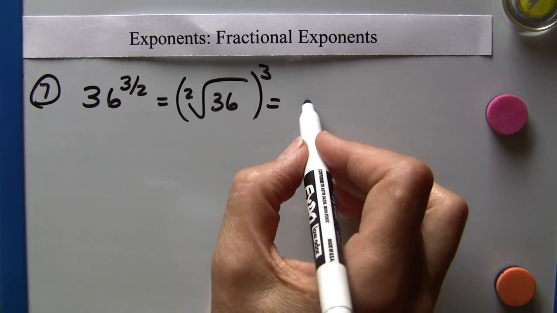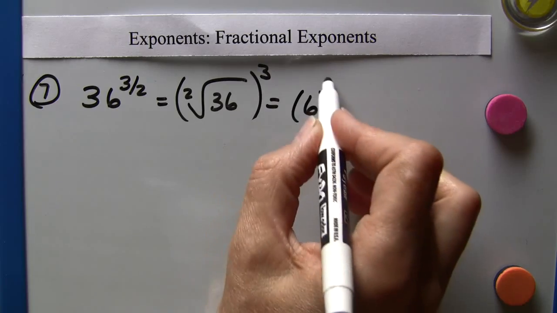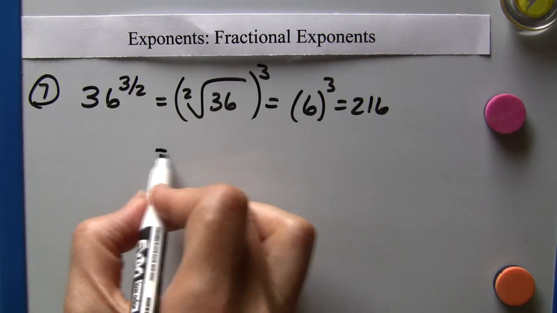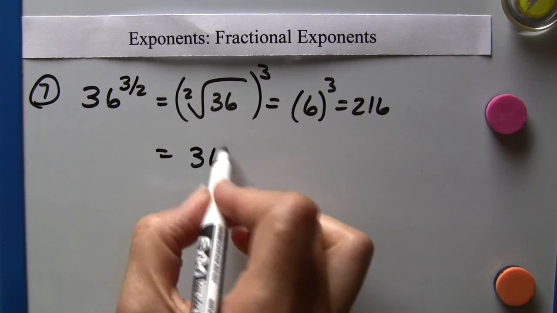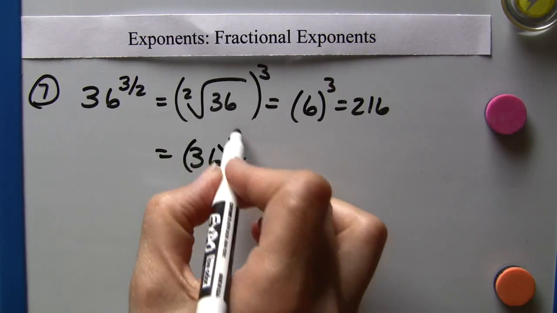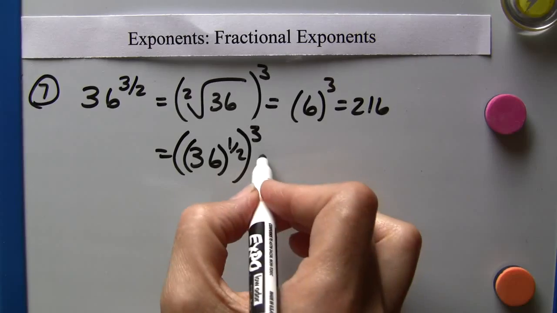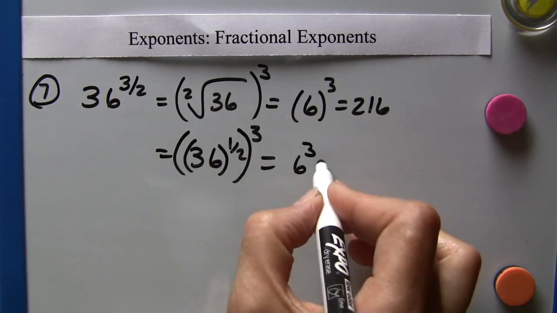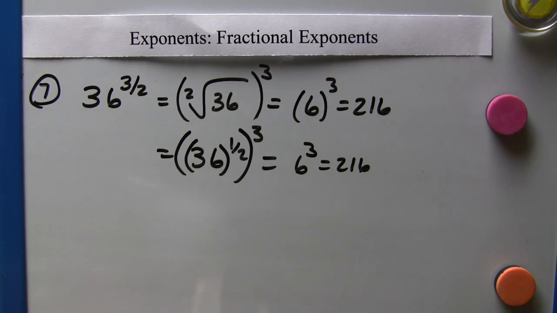Well, the square root of 36 is 6 cubed, happens to be 216. We can break this down this way though. This is 36 to the 1/2 cubed, which is, well, 36 to the 1/2 is 6, cubed is 216.